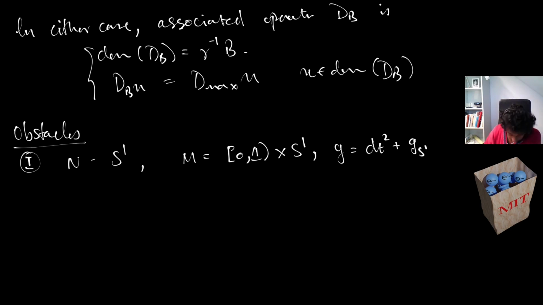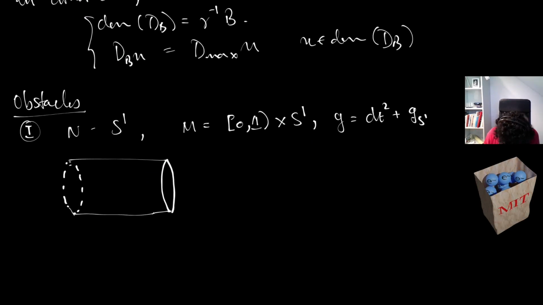So if I draw this, that's S1, and this corresponds to 1, so this is 1 cross S1, and this is 0 cross S1.